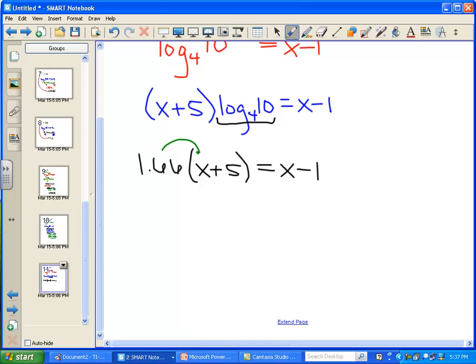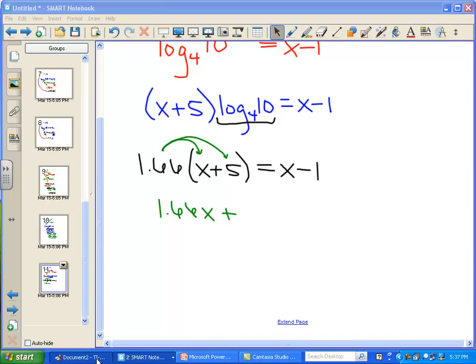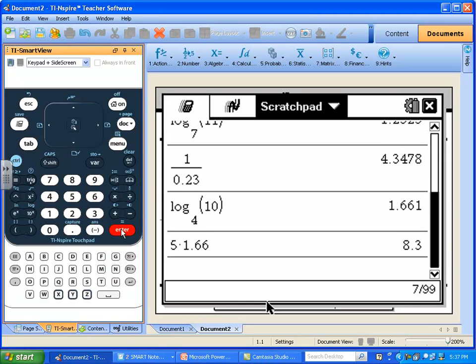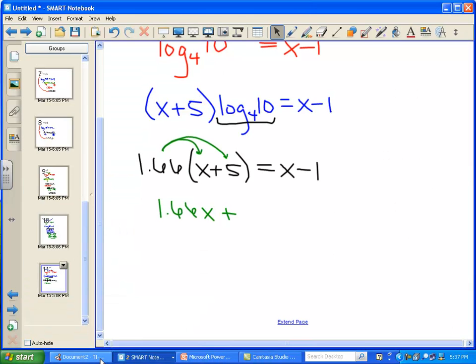And I'll have to distribute this 1.66. So it'll be 1.66x plus whatever 5 times 1.66 is. So 5 times 1.66 gets me 8.3. Okay? So that's plus 8.3 is equal to x minus 1.